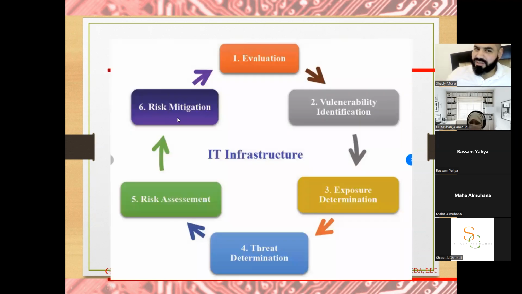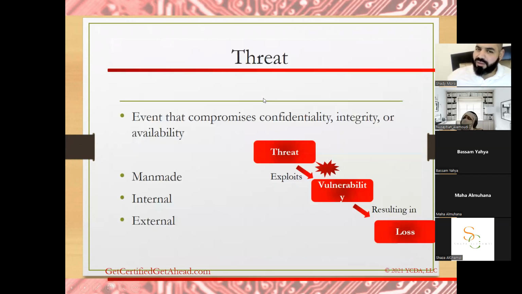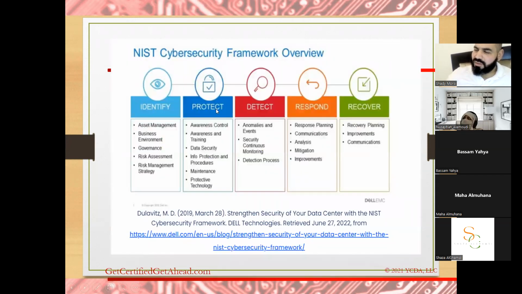We do risk mitigation by applying controls, which could be physical, managerial, or technical controls. These controls could be preventive controls, like protection controls, or detective controls, or responding or recovery controls.